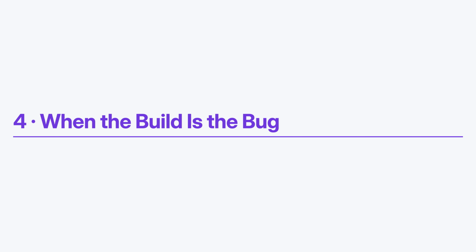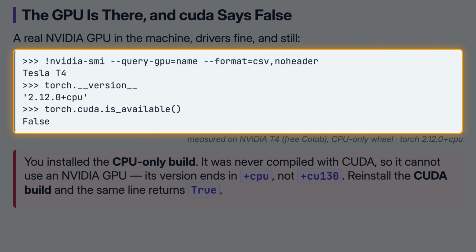Now the setup question people ask most. Your GPU is right there, everything looks fine, and PyTorch still says it can't use it. Let's see why. Look at this. nvidia-smi shows a real Tesla T4 sitting in the machine, but the torch version prints 2.12.0 plus CPU, and torch.cuda.is_available says false.